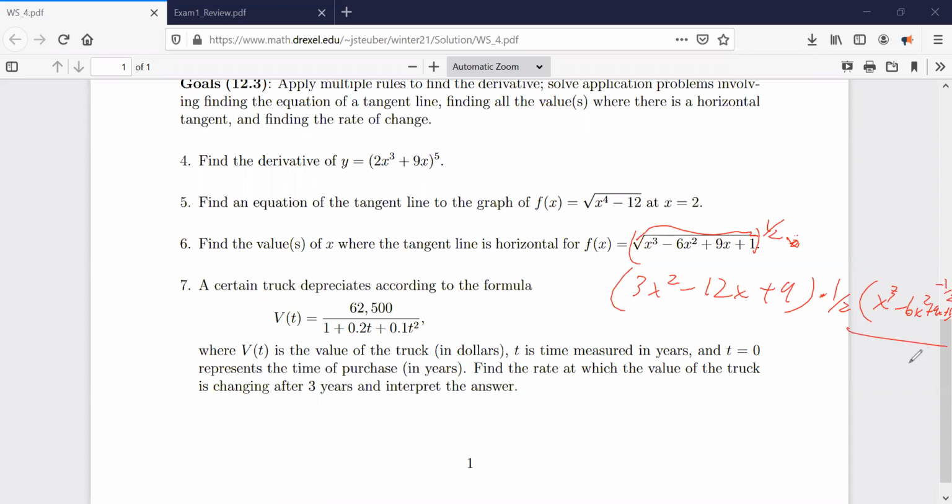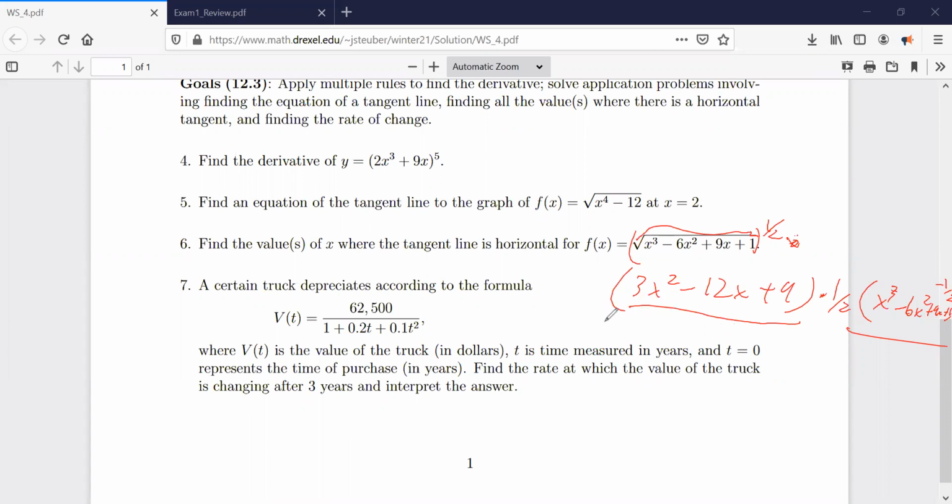So this factor right here is to the negative 1/2, so that's basically the bottom of a fraction. This whole thing is never going to be equal to 0, because for the whole thing to be equal to 0, the inside of the square root would have to be infinite, and that's not ever going to happen. So instead, I just have to worry about when this other factor is equal to 0.